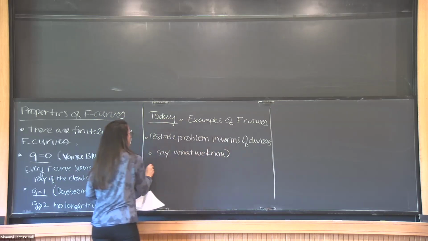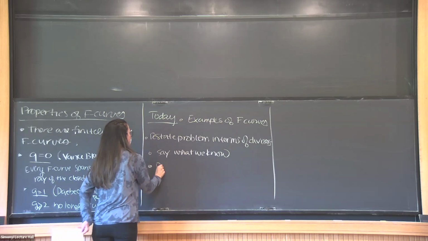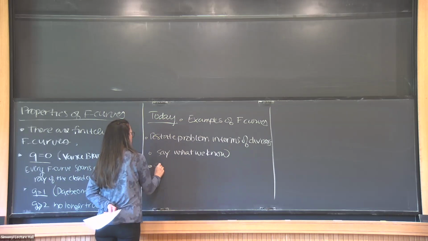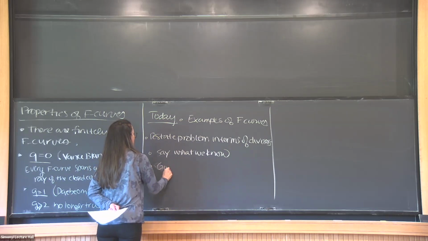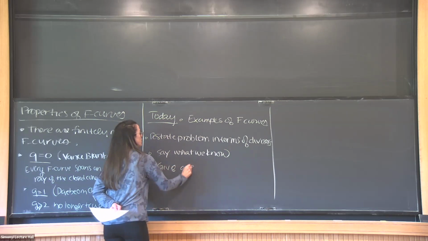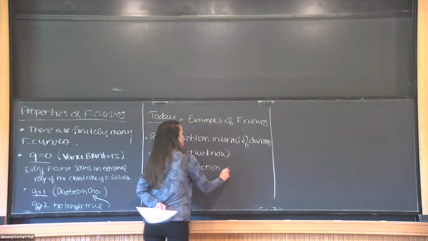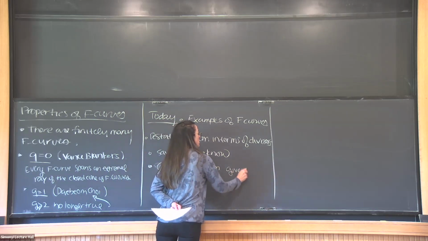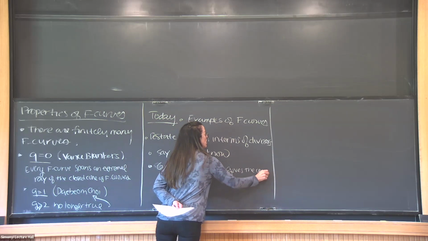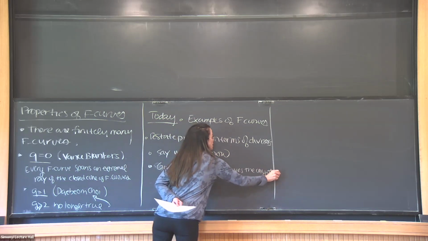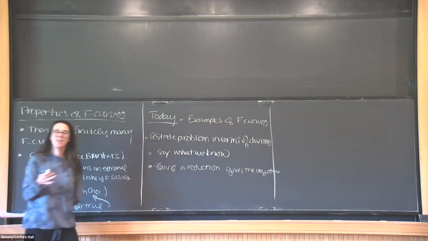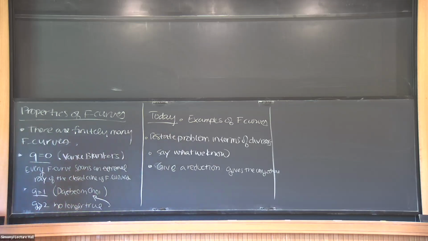And then I'm going to show you a new result, which is a reduction. This reduction would give the conjecture for all genus and all marked points if you knew enough in genus 1.